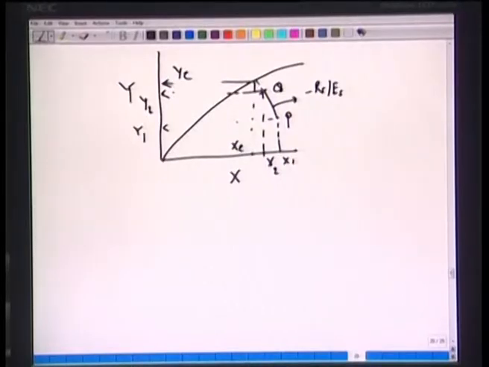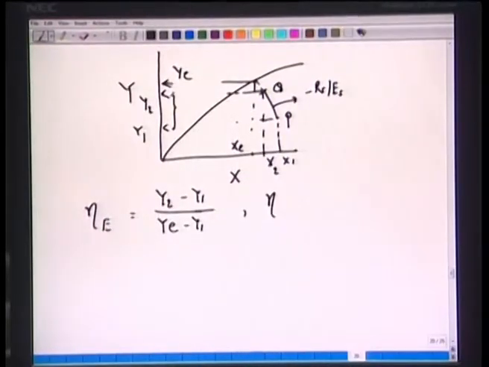So all it means is the maximum separation we can have, which means we can define efficiencies like eta E as y2 minus y1. So this is what we are achieving, y2 minus y1, starting from P and ending with Q here. And what maximum we can achieve is ye minus y1. So all we have done is extend this line Q to hit this equilibrium curve, from where we get this ye.